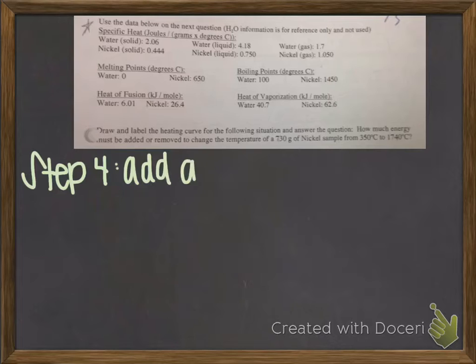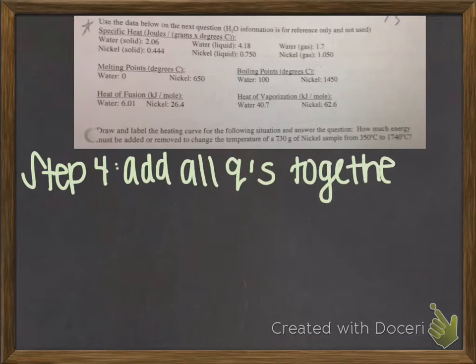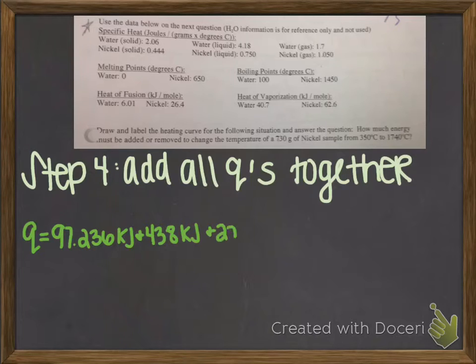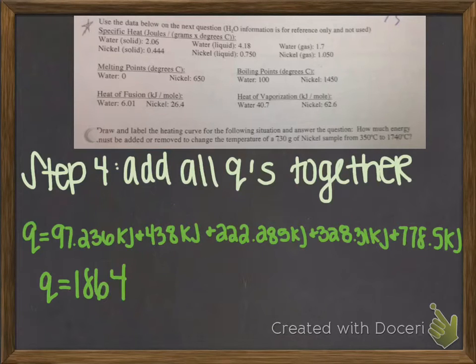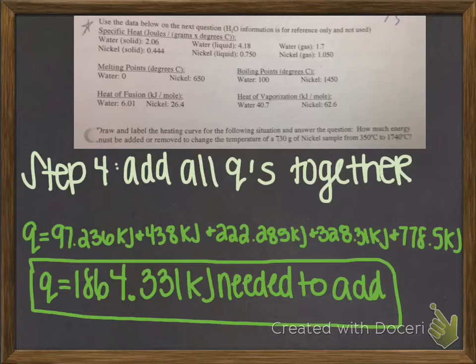Then the final step, as we already know, is to add all 5 Q's together. So right here, I'm just adding them all together. Before you do this, you're going to want to make sure they're all in the same unit, either kilojoules or joules.